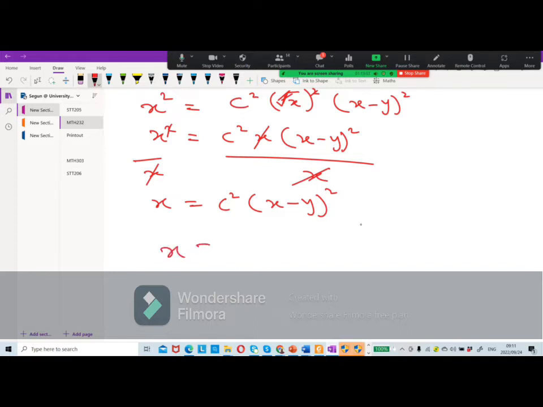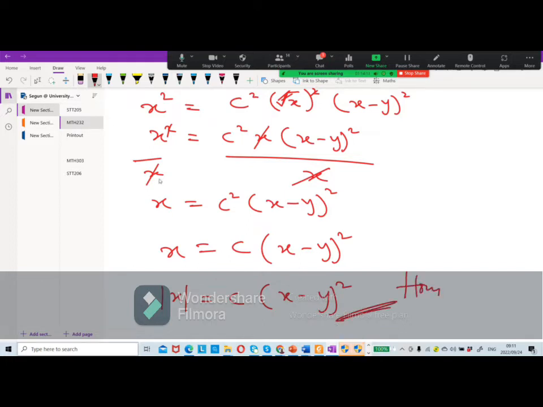So we have x equals c in brackets x minus y all squared. So our final answer will be the modulus of x equals c in bracket of x minus y all squared. That is your homogeneous.